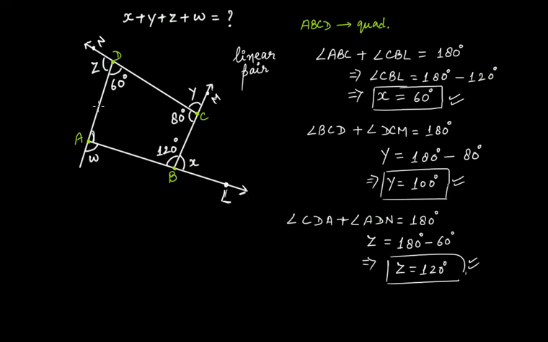Let's say this is angle DAB. So angle DAB plus angle ABC plus angle BCD plus angle CDA, this is what? 360 degrees, the angle sum property of the quadrilateral.